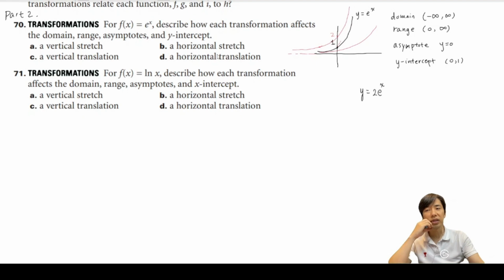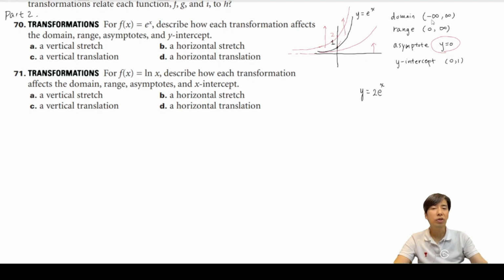Vertical translation. Vertical translation means you shift this black graph upward without changing the shape of it. So when you translate it, the asymptote gets translated too, okay? So the asymptote changes, domain still remains the same.